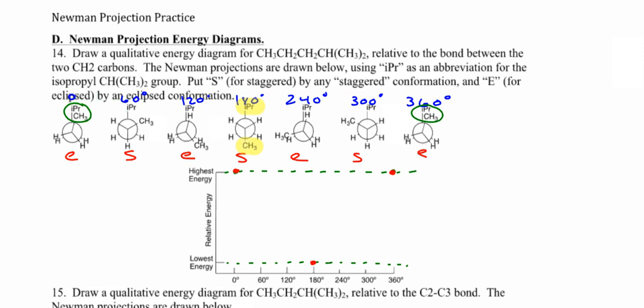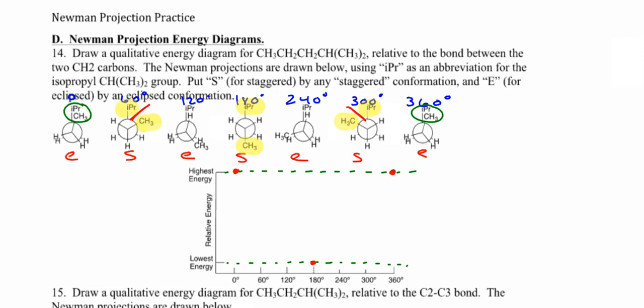Actually, I want to look at the staggered ones for a second. Check this out. You have the isopropyl and the methyl, but although they're staggered, they are close together. What have we been learning? That's a gauche. There's some steric strain.